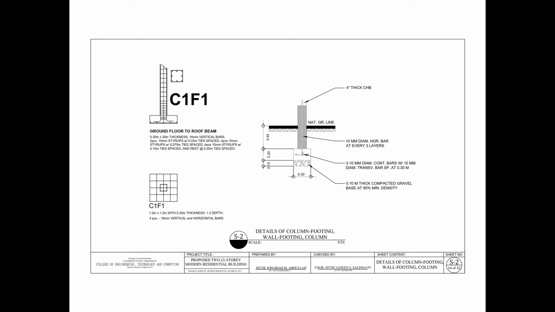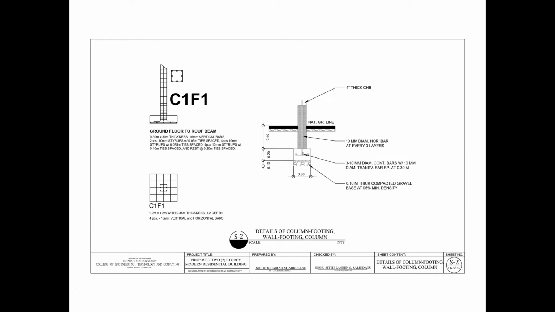For the column footing, it has a dimension of 1.2 meter by 1.2 meter with 0.35 meter thickness and 1.2 depth, 4 pieces 16 millimeter vertical and horizontal bars. For the wall footing, some details of it are indicated in the picture shown.